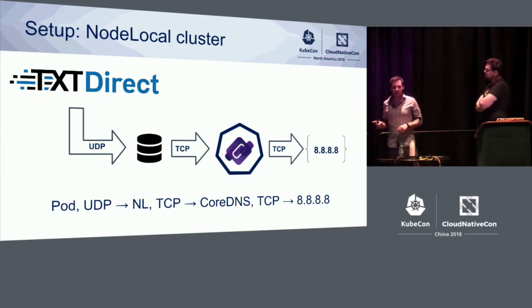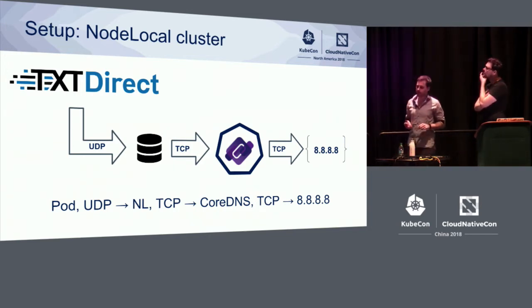But the difference here is it's running as a DaemonSet on your specific host, so UDP only goes over localhost, which is usually not as lossy as your cloud provider. There are two different modes: NodeLocal can cache or it doesn't cache. In this case, we test both.